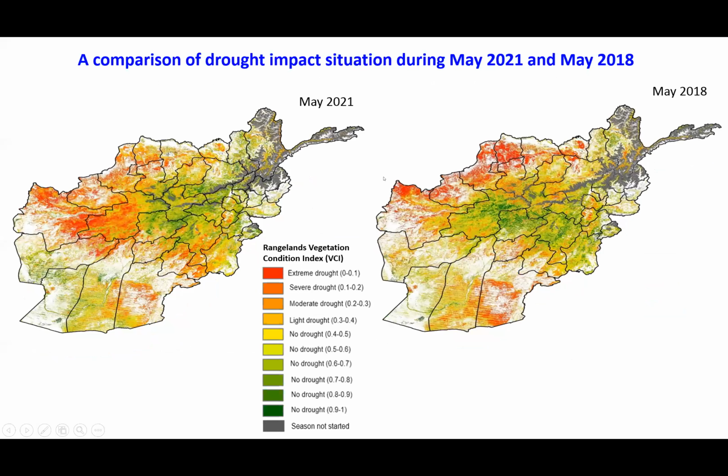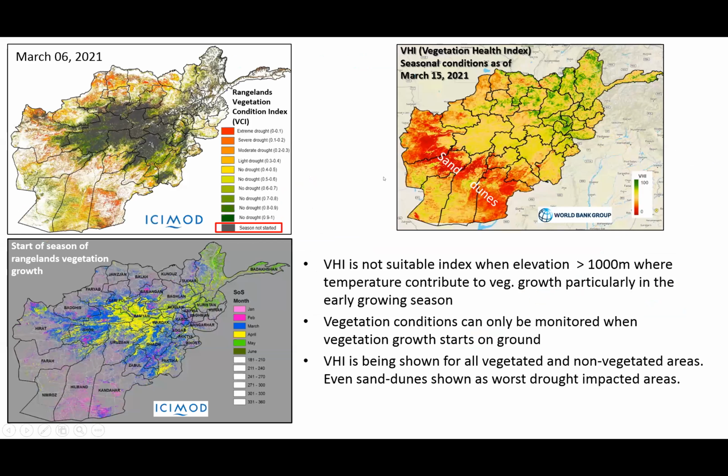I'll not get much into this, but just one precaution I want to give you: I mentioned that whenever global data sets are available, they are not applicable across all regions.